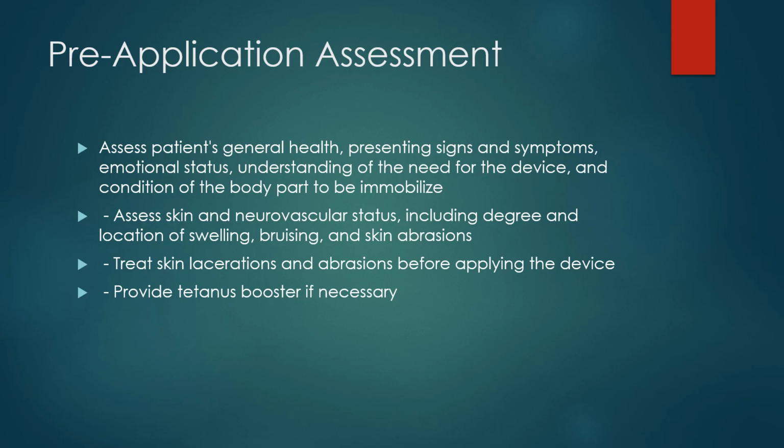So when there are lacerations and abrasions, you treat and care for those parts before the device is applied. And in a case where it's a serious one, when the device is applied, they create a window to expose where the wound is so that dressing can take place frequently. And also, if it's more severe, they go for other methods like traction.